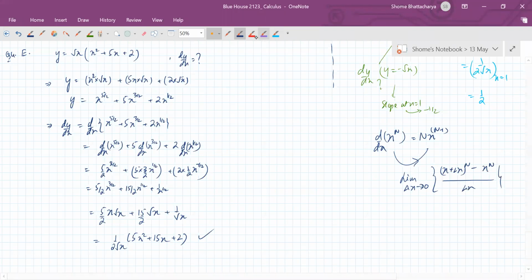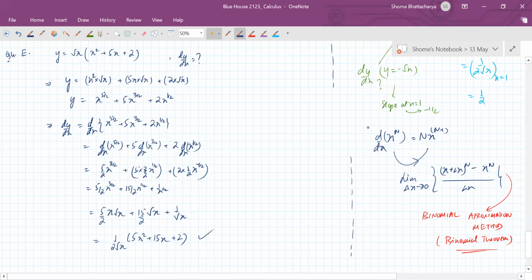So to solve this, we will apply something called the binomial approximation method, which we will learn as part of binomial theorem in maths. Okay, and when we do that, we'll come back to the derivation of this.